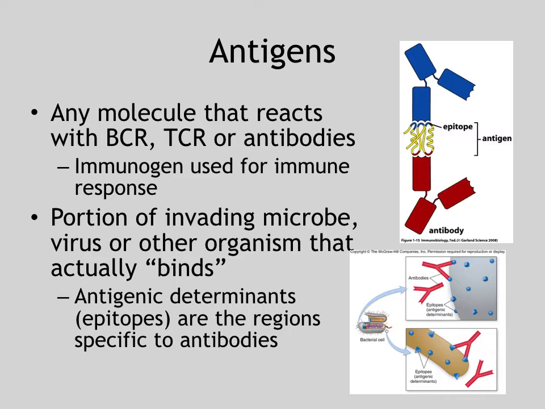Where on that antigenic marker an antibody actually binds, what part of that polysaccharide or that lipid or that protein, whatever actual small little component is bound by the antibody, is referred to as the epitope. So you can see in that picture there's this kind of yellow squiggly line here, and then we have a blue antibody attached to one side of that yellow line, and then we have a red antibody attached to the other.